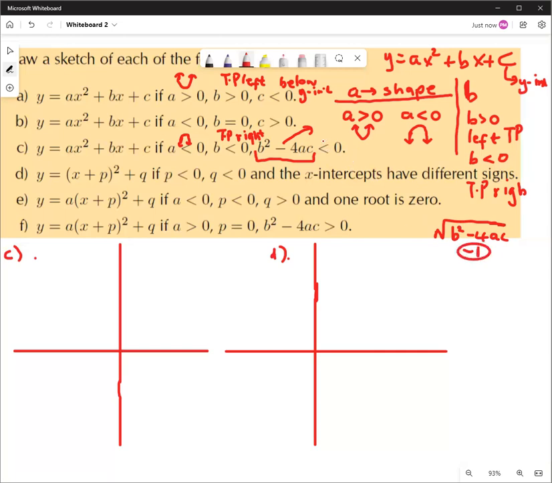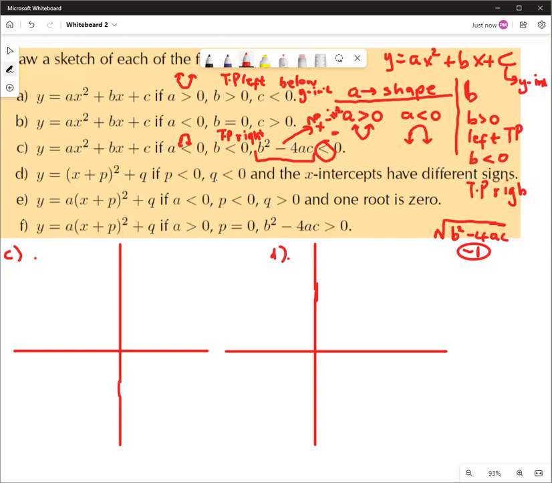But this is not true. You cannot have a square root of a negative number. So what it basically tells you, it means you are not going to touch the x-intercept. So no x-intercept. That's what it's telling you there. So you're not going to touch the x-axis at all.